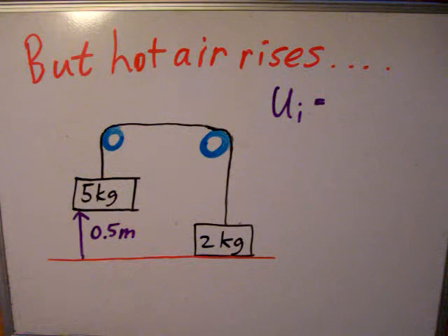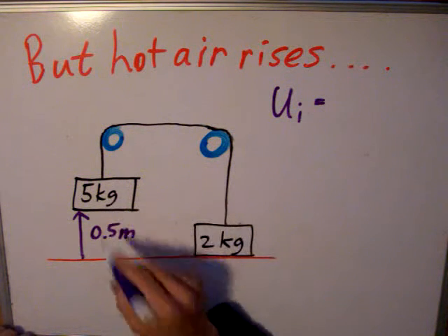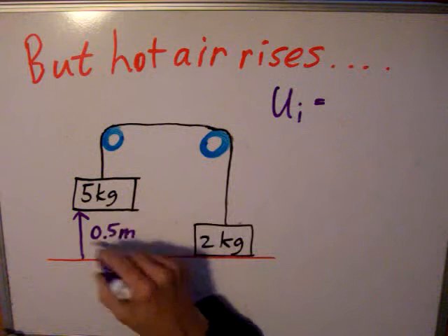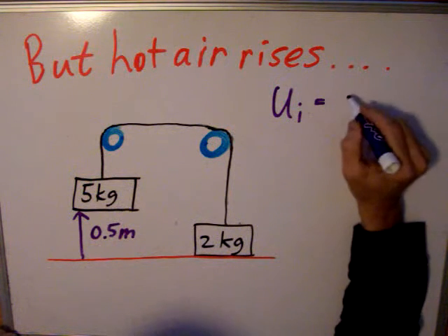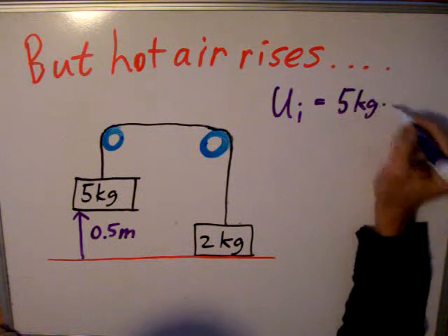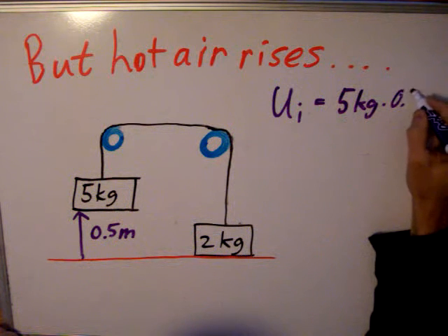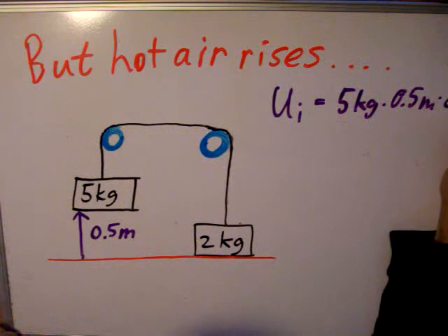Okay? So let's say our initial height is 0.5 meters. The mass of this one is 5 kilograms. So the energy of this mass here must be mgh. So that's 5 kilograms times 0.5 meters times little g.